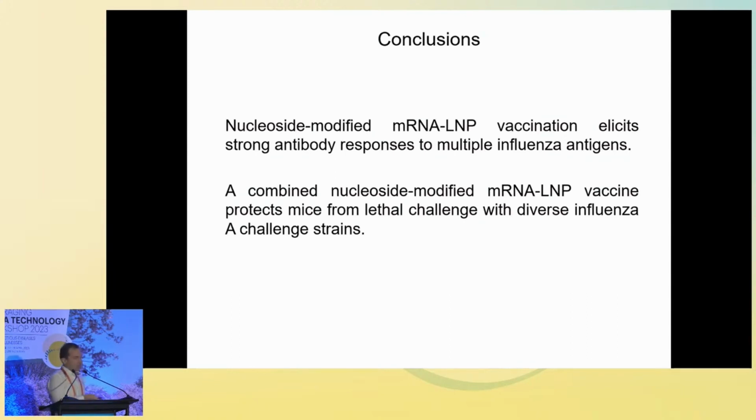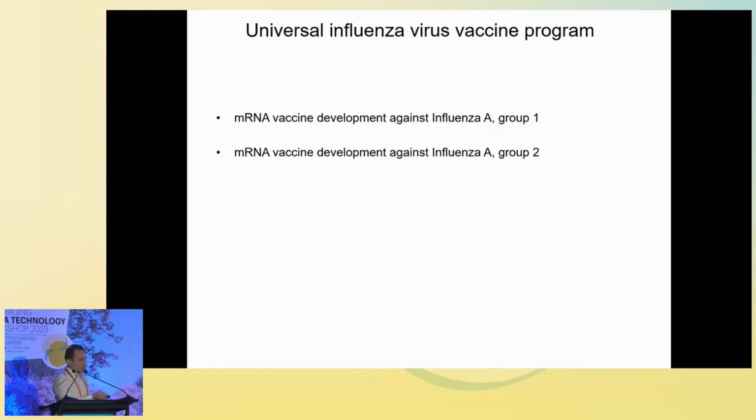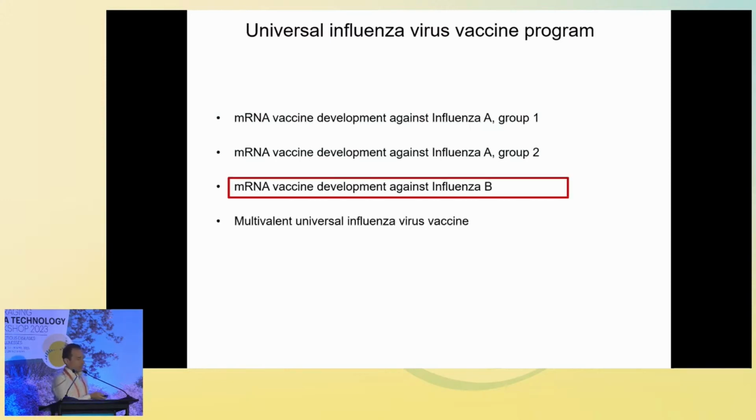And again, we were very pleased to see that this combination vaccine induced protection from a diverse panel of influenza A challenge strains. So let me tell you very briefly about the influenza B studies.